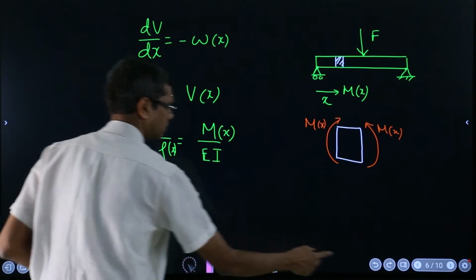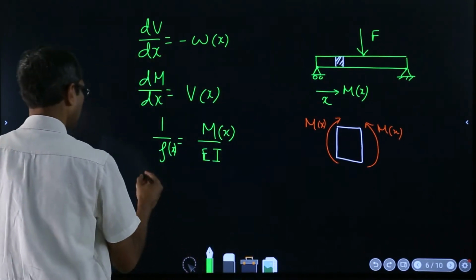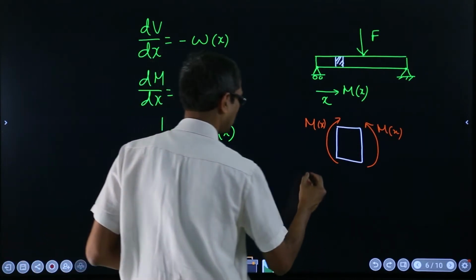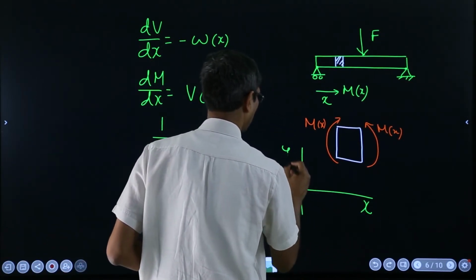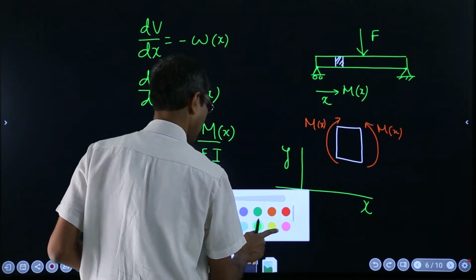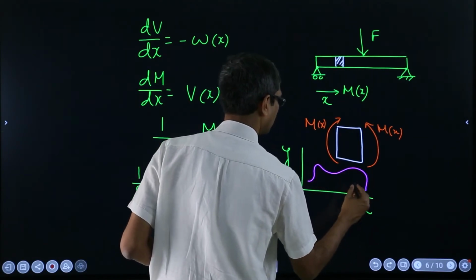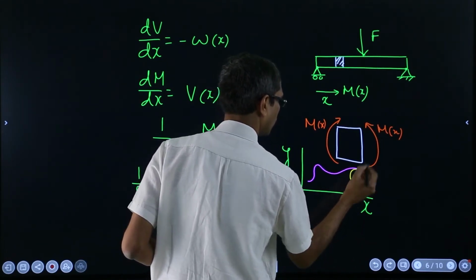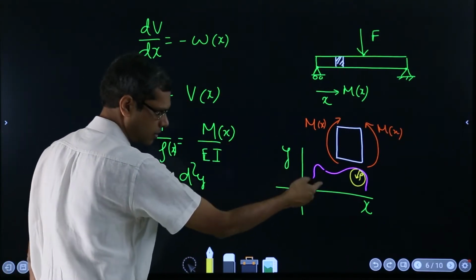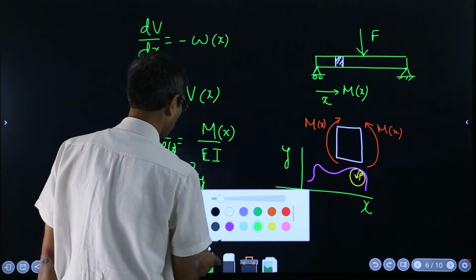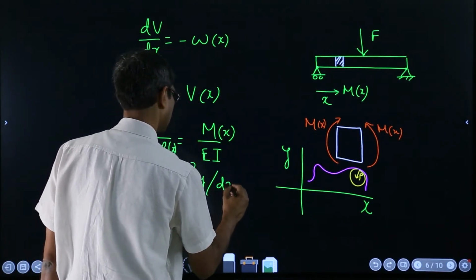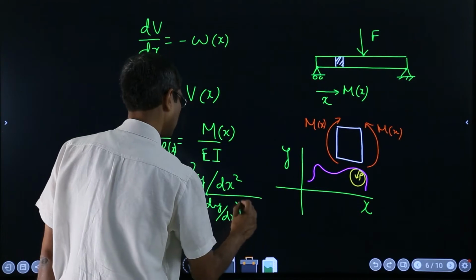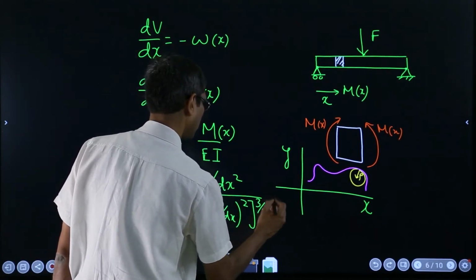If a function y is given as a function of x like that, then at any location the radius of curvature, say rho, is given by the curvature formula you know from your 12th standard: d squared y over dx squared divided by 1 plus dy over dx whole squared raised to 3 over 2.